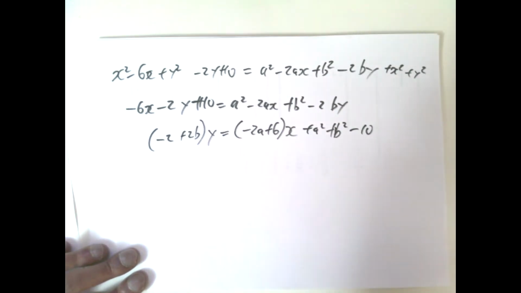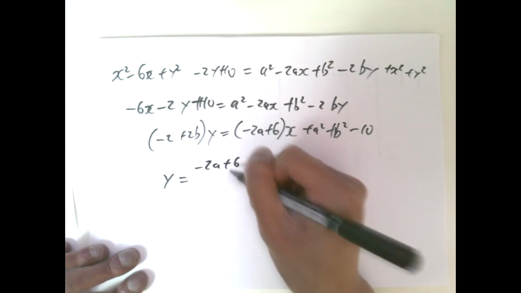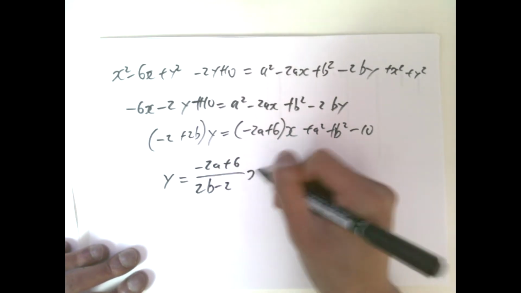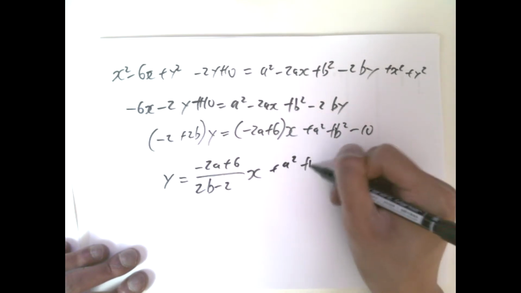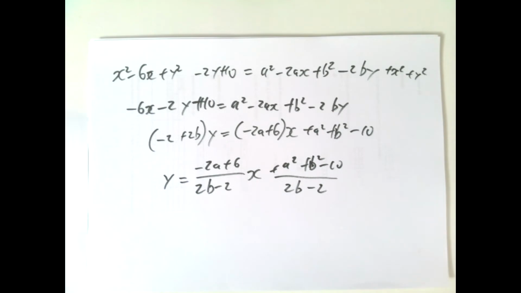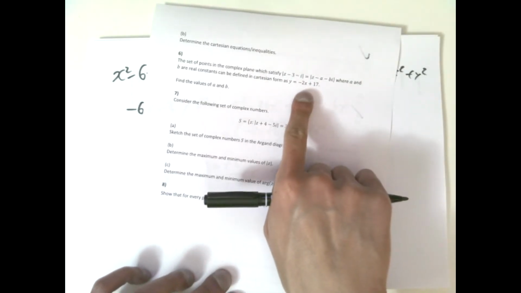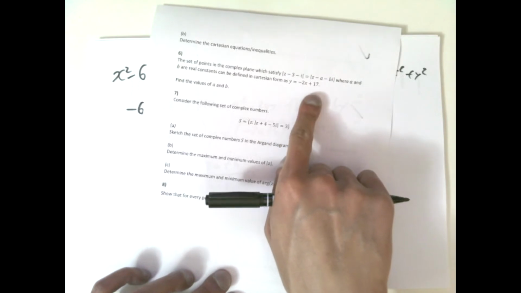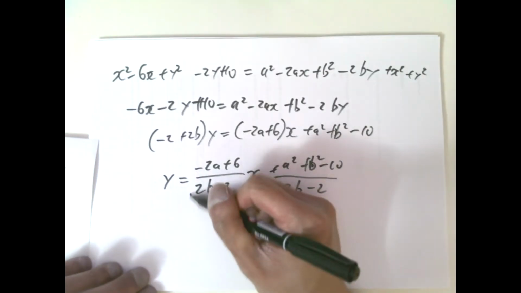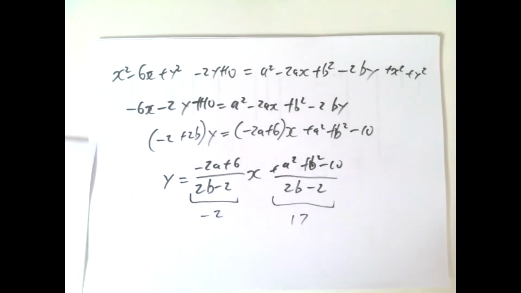Making it to the y equal mx plus b form. Now, from this condition, we know that the coefficient of x must be minus 2 and the y-intercept must be 17. That being said, all of this must be minus 2 and all of this must be 17.